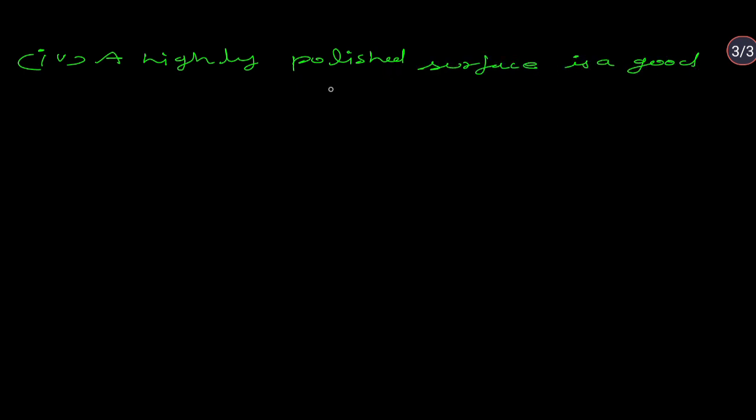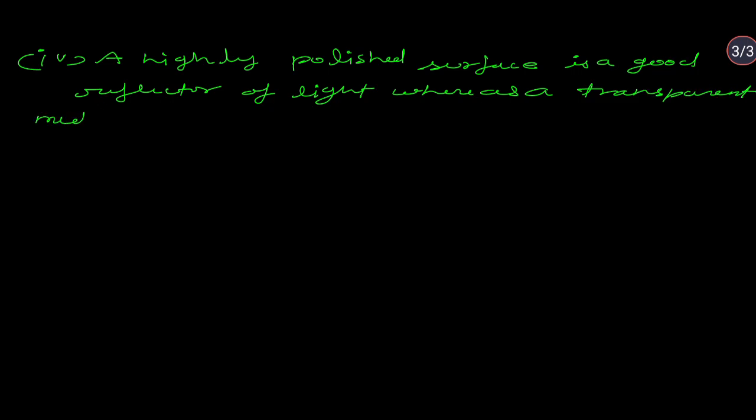The next characteristic of light, the fourth point, is that a highly polished surface is a good reflector of light, whereas a transparent medium is a good transmitter.